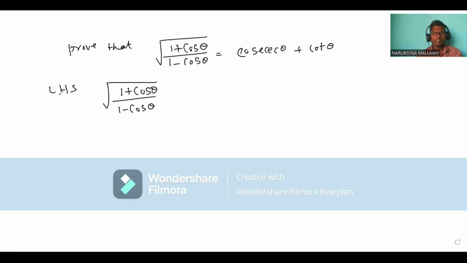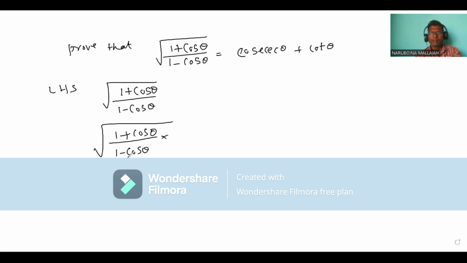This is LHS, left hand side. Now the first step in this is to rationalize this denominator.